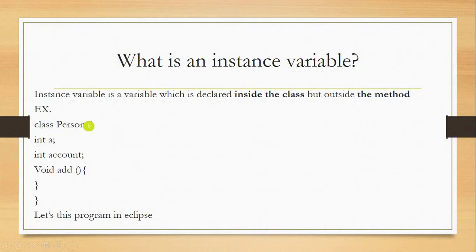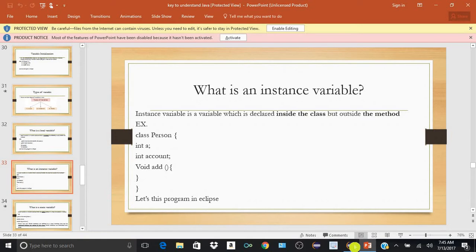We have a class person, and within this class person we have two variables, int a and int count. And these variables are declared within the class, not within the method. So any variable that is declared inside the class but outside the method is called an instance variable. Let's see an example in Eclipse.